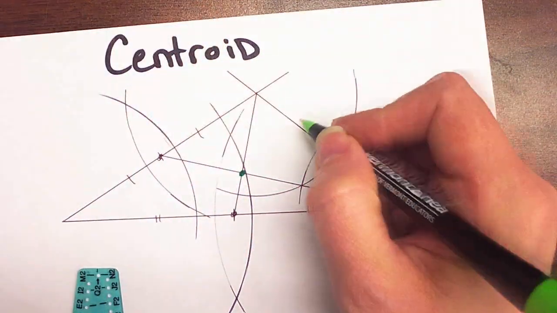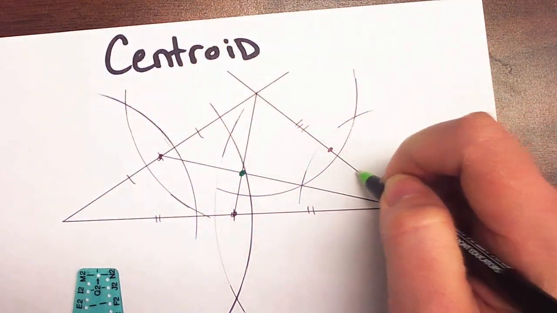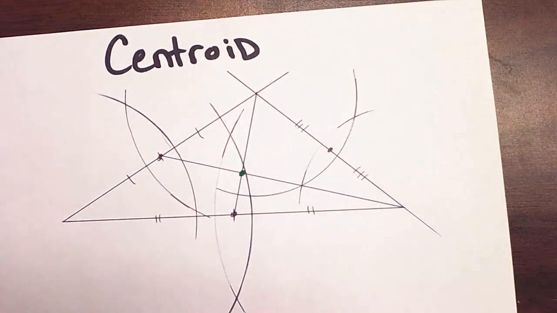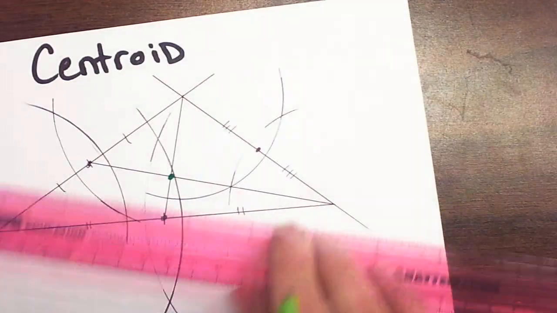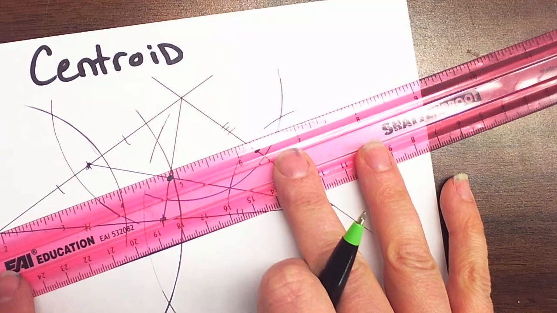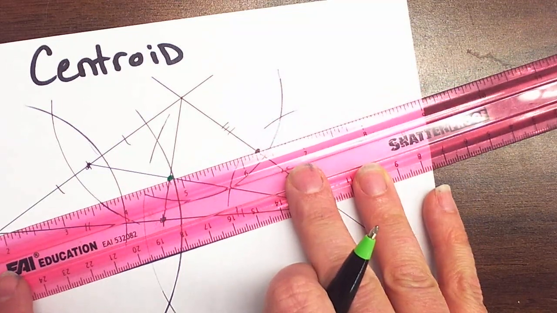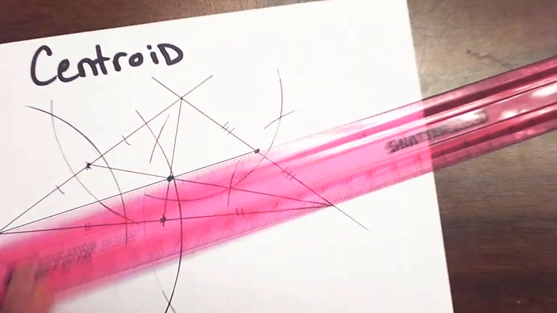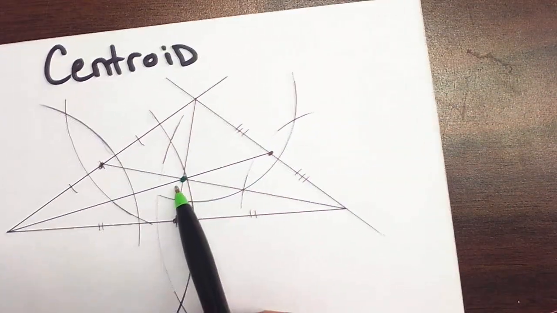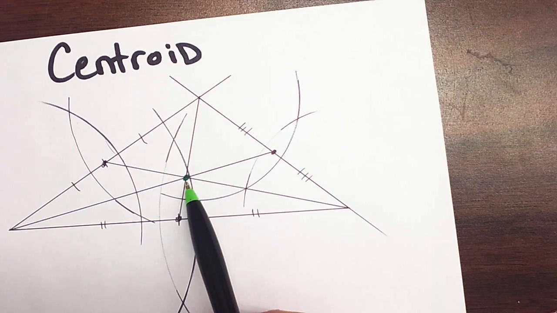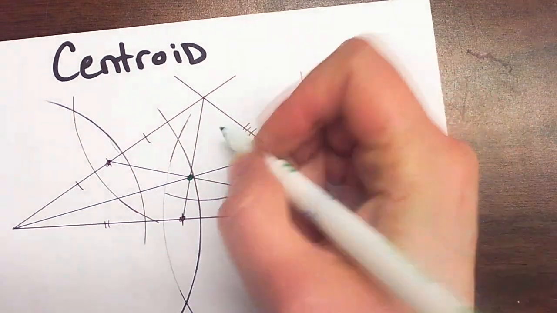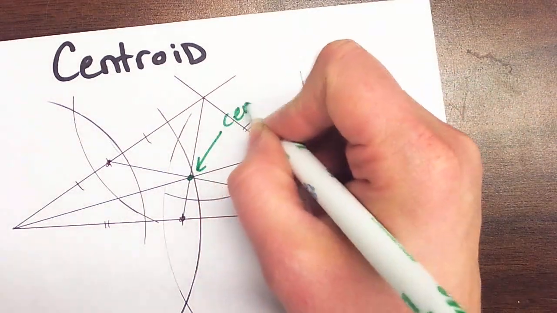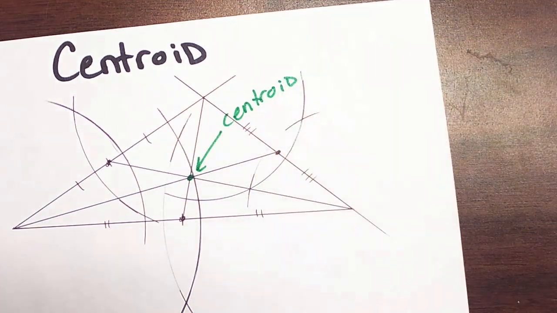Once I have that midpoint and know that I have cut this side in half, I am connecting that midpoint with the vertex on the opposite side. Right now things are looking promising, and all three of my lines went through that same point, so I can feel pretty confident that this is the centroid of my triangle.